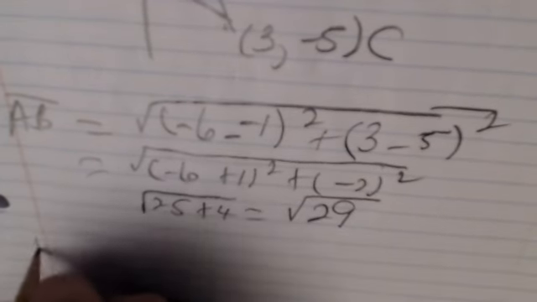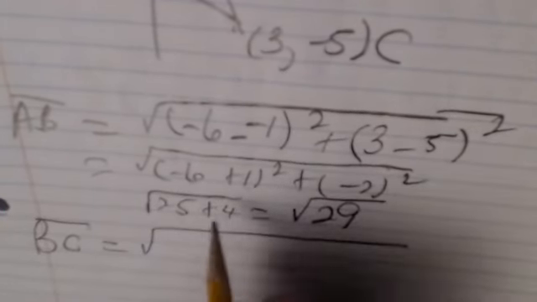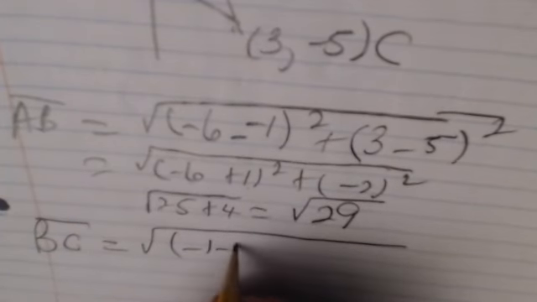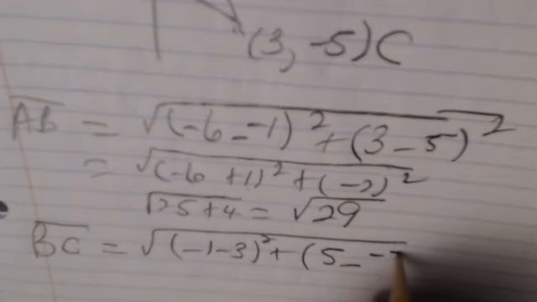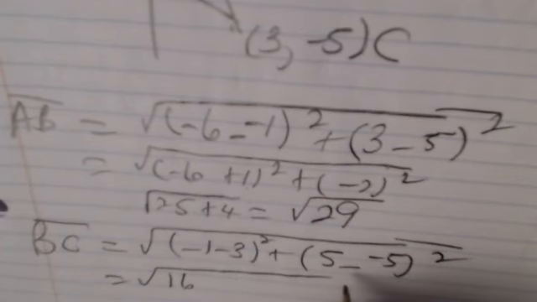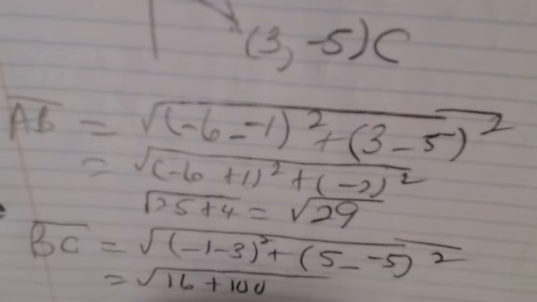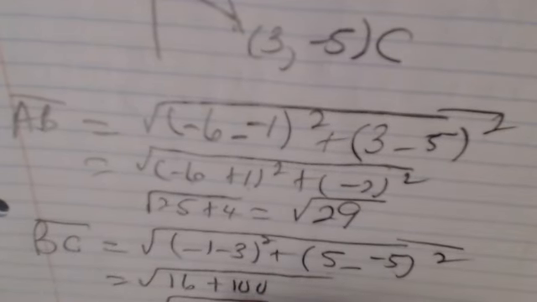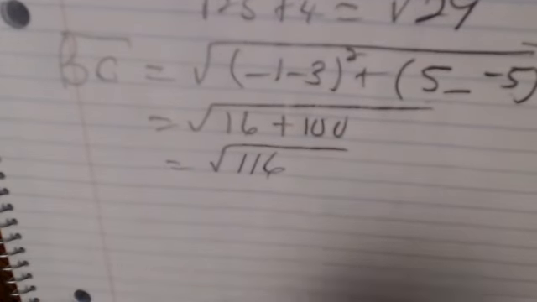Okay, now let's find BC. BC is the square root of (-1 minus 3) squared plus (5 minus -5) squared. And so this is (-4) squared, which is 16. And this is 10 squared, which is 100. So it comes out to be the square root of 116. Now, let's find AC.